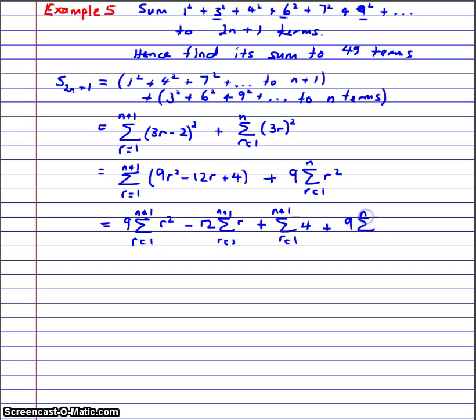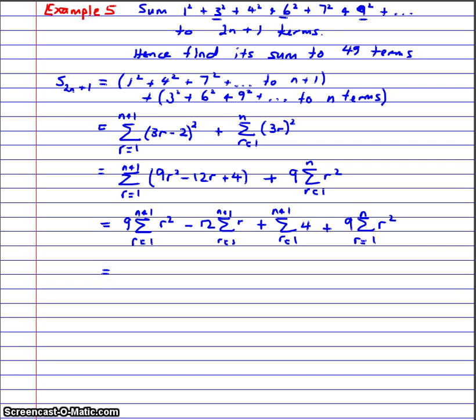This is to n, not to n plus 1. We can't combine those, even though the r squareds are the same, because the end point is different.